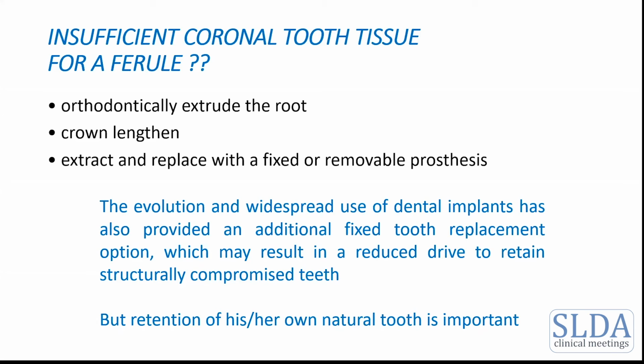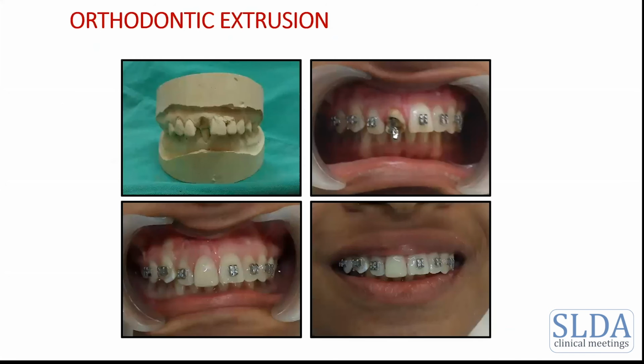But my personal opinion, and I think it's in the literature also, is that retention of his or her own natural tooth is very important rather than extracting and providing a prosthetic tooth. So these techniques, the orthodontic extrusion and the crown lengthening, can be utilized to improve the restorability of a compromised tooth.